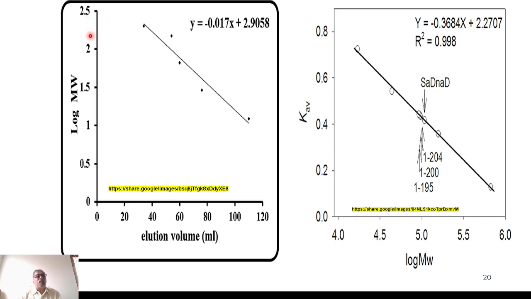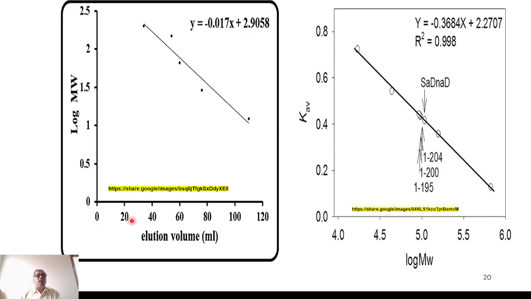For example, say 110 ml of eluent is needed to elute 1 kilodalton, whereas for approximately 2.25 kilodalton you need only 20 ml of elution, right?